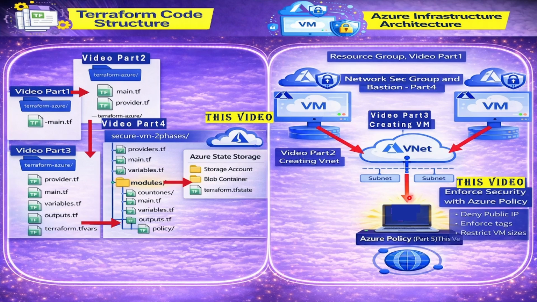By introducing Azure Policy, we make the environment more secure, more controlled, and closer to an enterprise-grade cloud design. So let's continue this journey and explore these improvements together step by step.